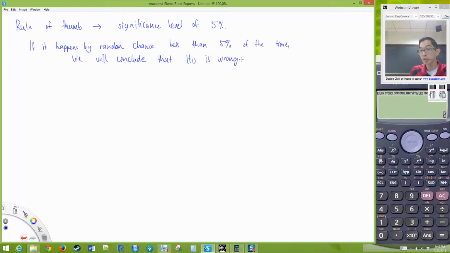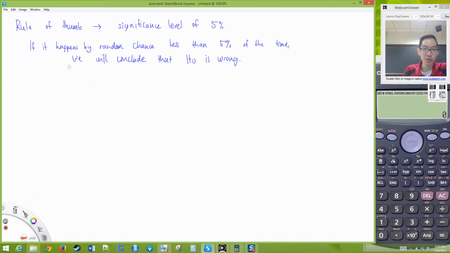Now keep in mind that you're going to incorrectly conclude that the null hypothesis is wrong 5% of the time, because 5% of the time you're going to get something that happens by random chance, right?